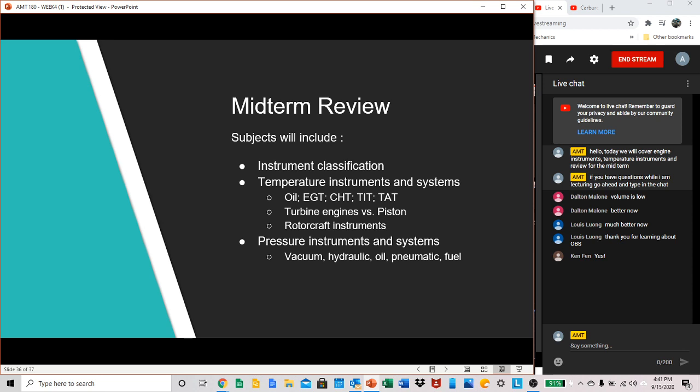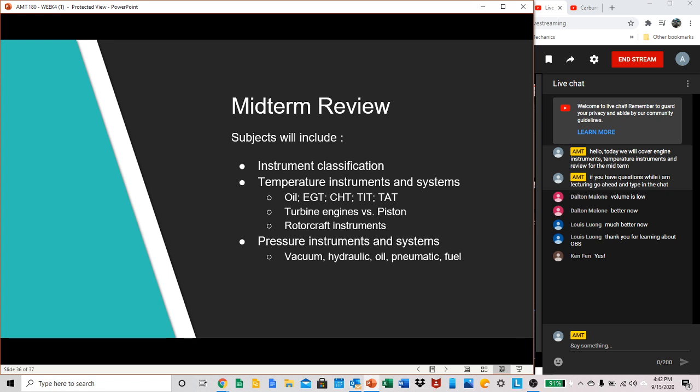That would be including oil temperature, EGT, CHT, TIT, TAT, that will include turbine engines versus piston engines, what instruments are included in that, what instruments that we covered are included in rotorcraft, helicopter instruments. So there's actually only one that we covered, so make sure you know that one, which one it is.